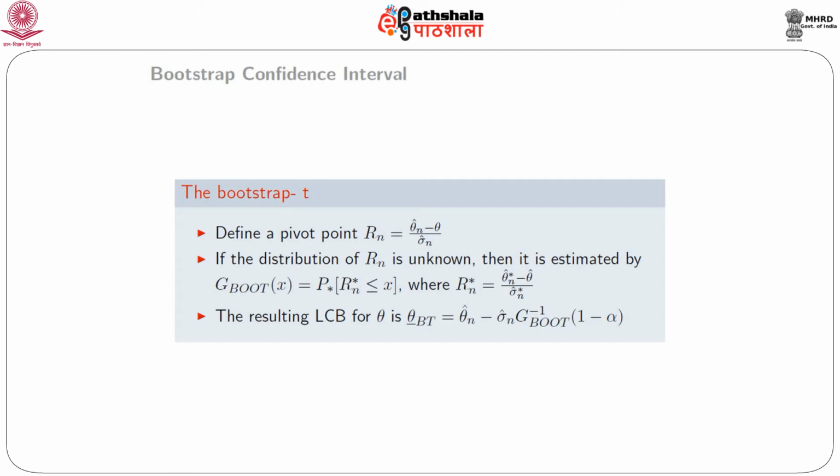So, the lower confidence bootstrap limit for theta would be theta bt underbar = theta n hat minus sigma n hat G boot inverse (1 minus alpha), and for the upper it would be theta bar bt, which is theta n hat plus sigma n hat G boot inverse (alpha).